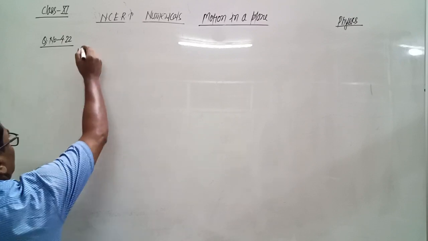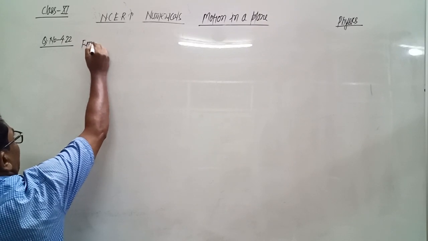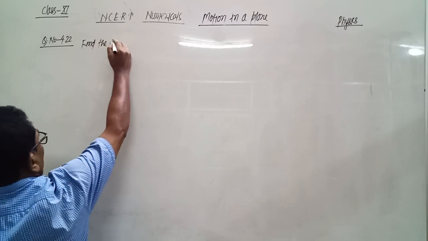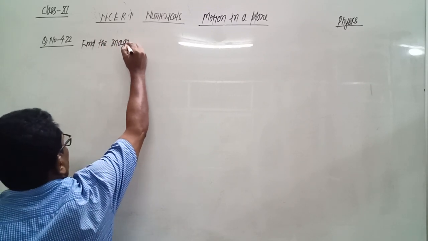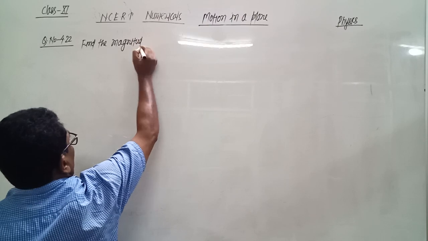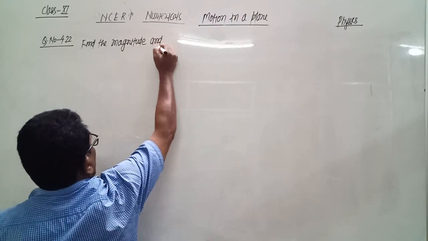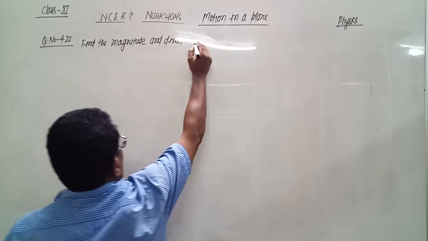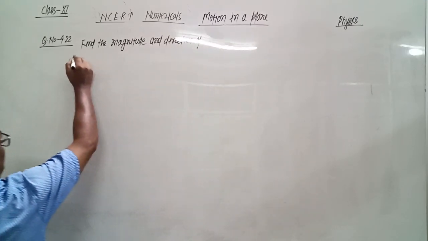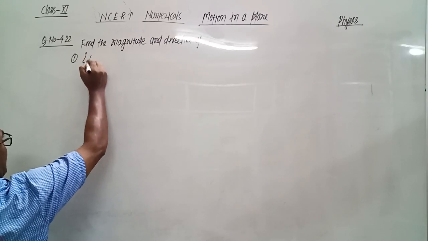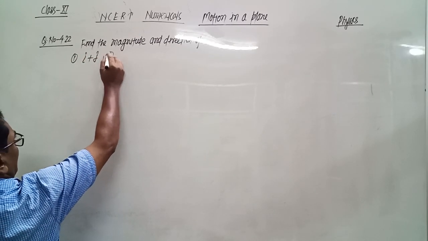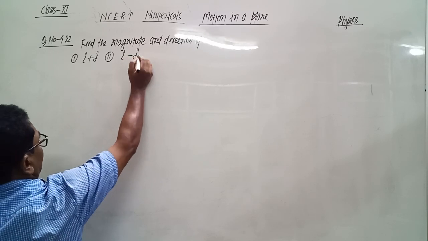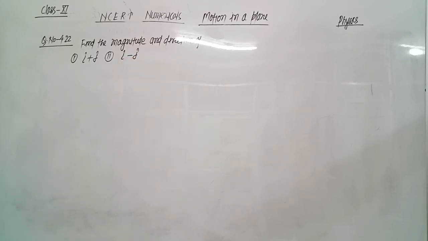We have to find the magnitude and direction of vector i cap plus j cap and vector i cap minus j cap. And what are the components of the vector A?